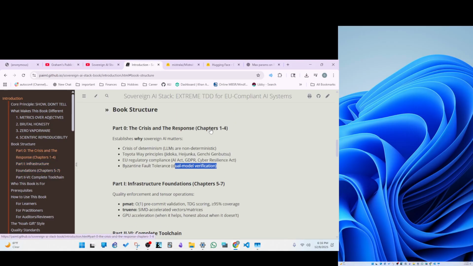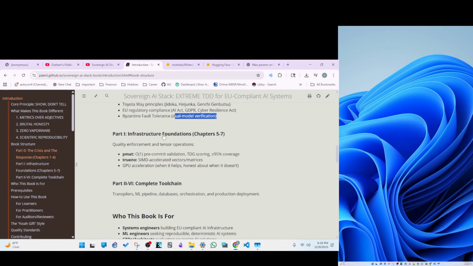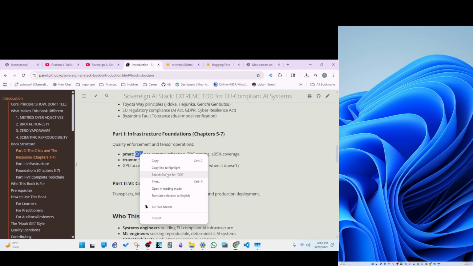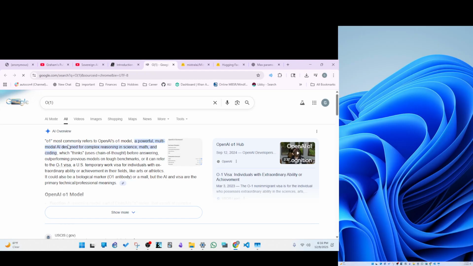So then after that, there'll be Part 1, infrastructure foundations, chapters 5 through 7, quality enforcement and tensor operations, PMAT. So yeah, so O(1). So this stands for Big Omega, right?